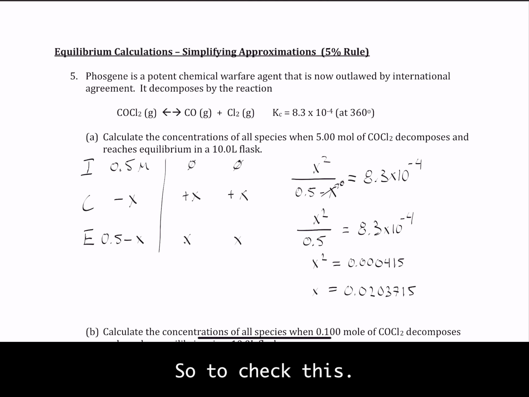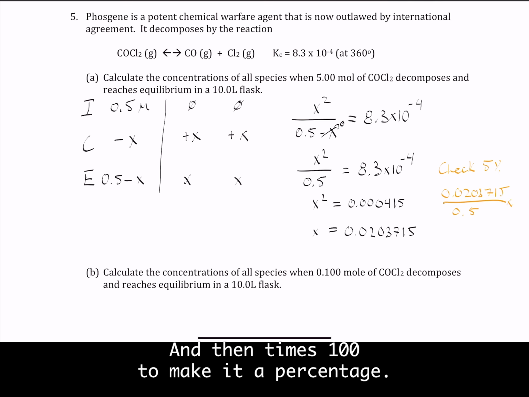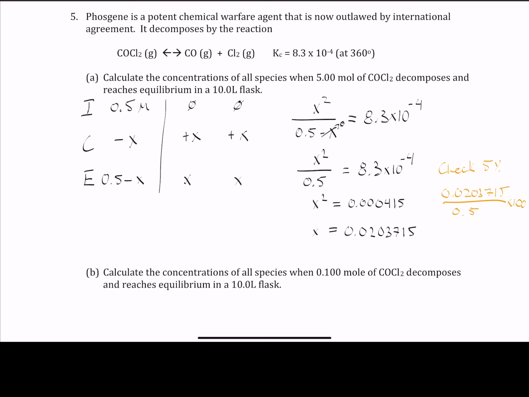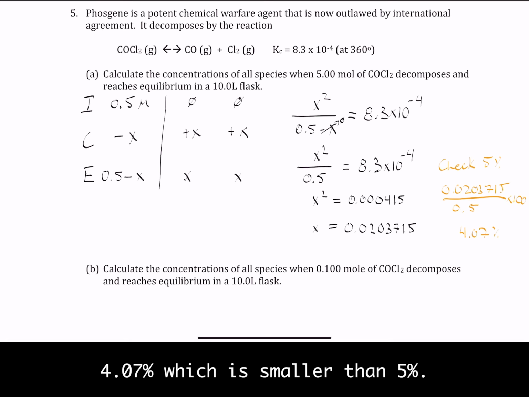So to check this, we take 0.020337 divided by 0.5 and then times 100 to make it a percentage. And that comes out to 4.07%, which is smaller than 5%.